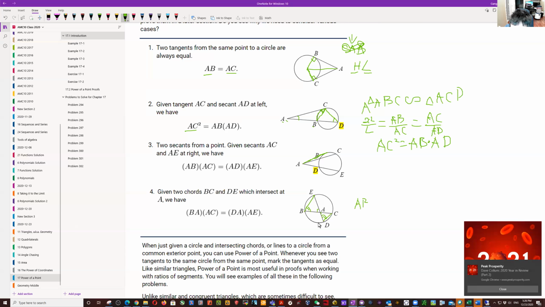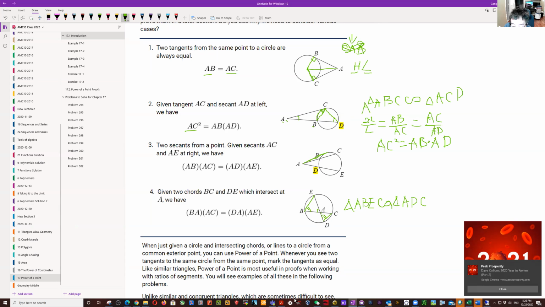Triangle ABE is similar to triangle ADC. So those actually are similar.